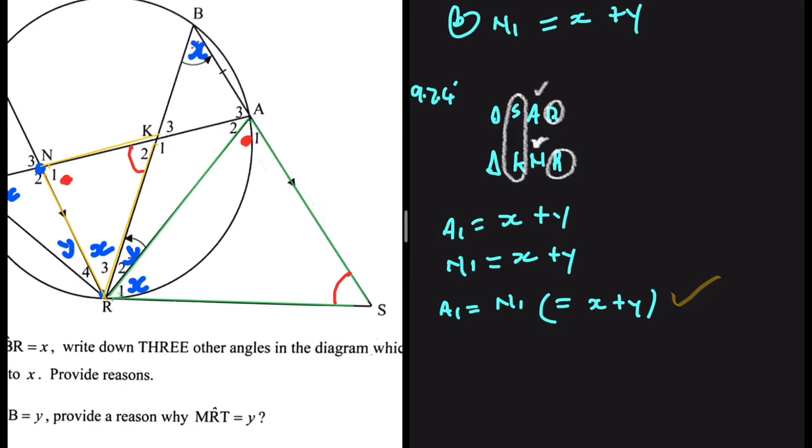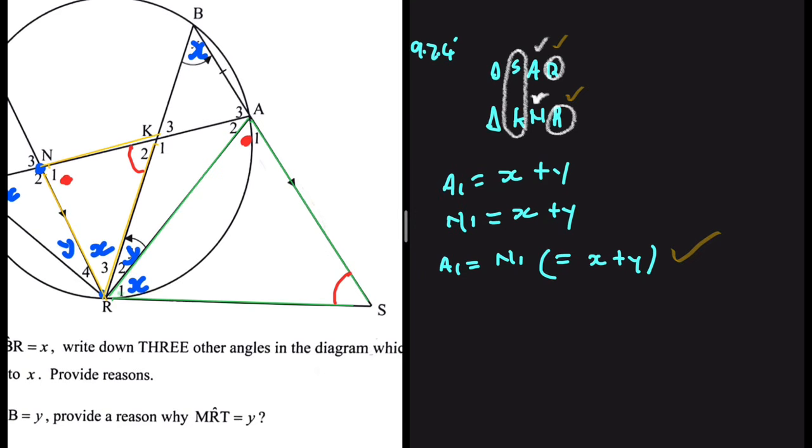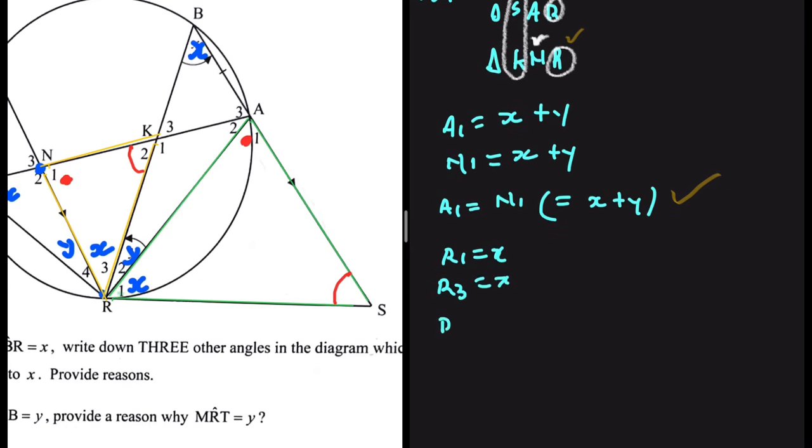Let's go and look at angle R and angle R. In triangle SAR, we have R1, which is equal to X. And in triangle NKR, we have R3, which is also equal to X. So we can say that R1 is equal to R3 because they are both equal to X. And if that is the case, then we have proved that the two triangles are similar.